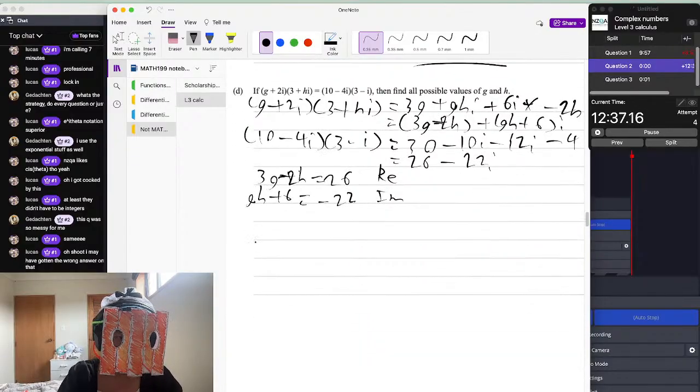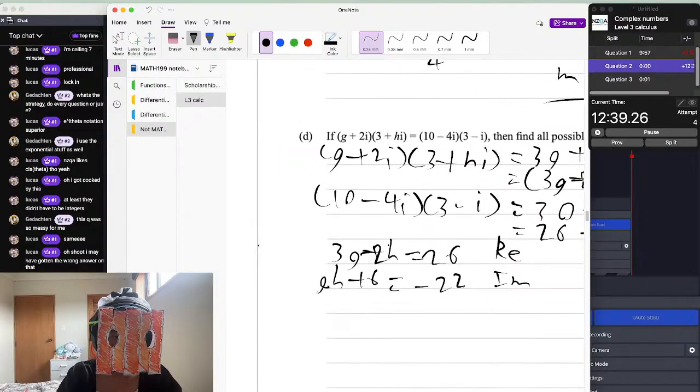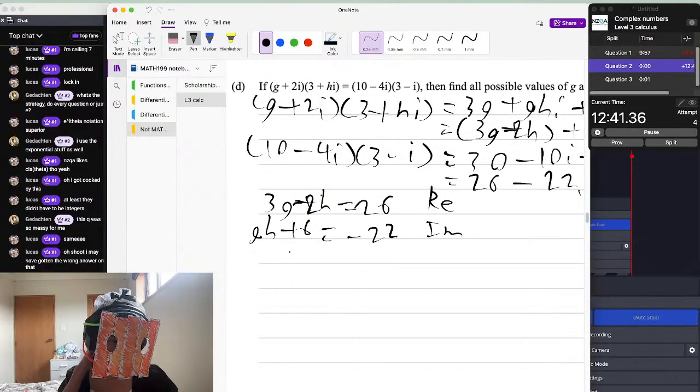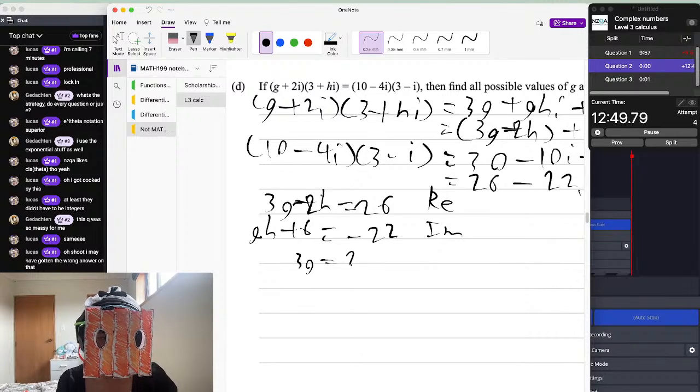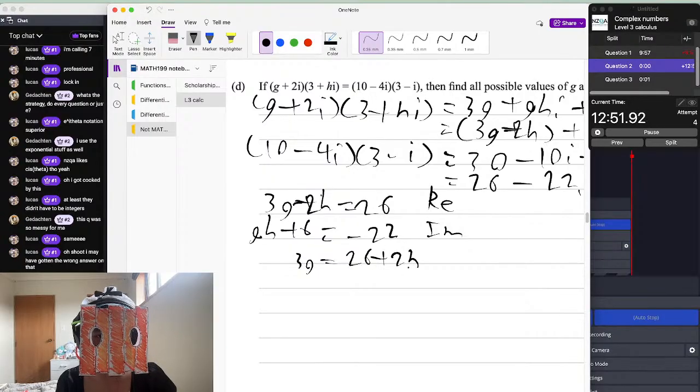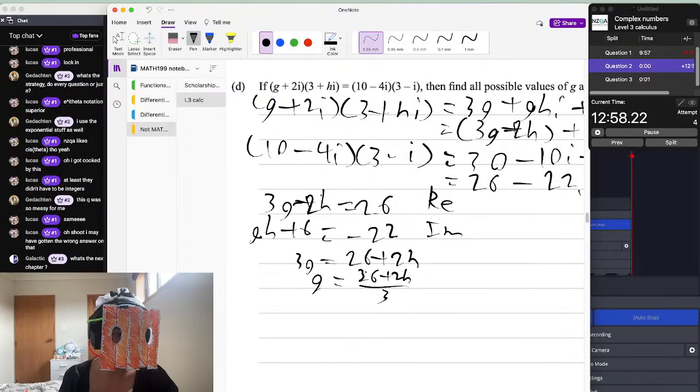Alright, now as we see, we have simultaneous equations here, and the way I will do it is 3g equals 26 plus 2h, so g equals 26 plus 2h over 3.